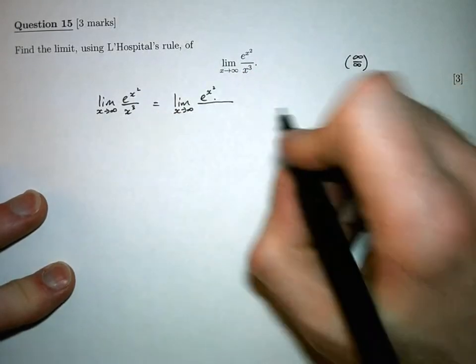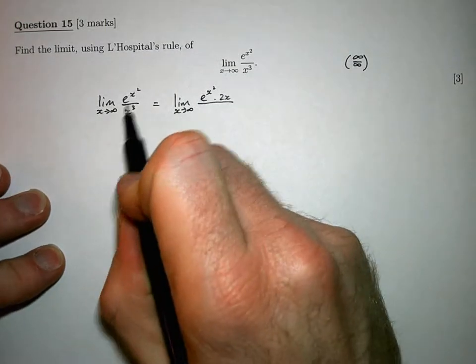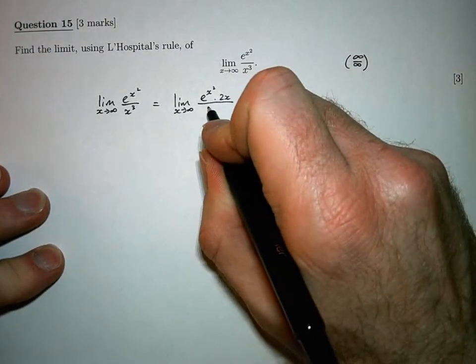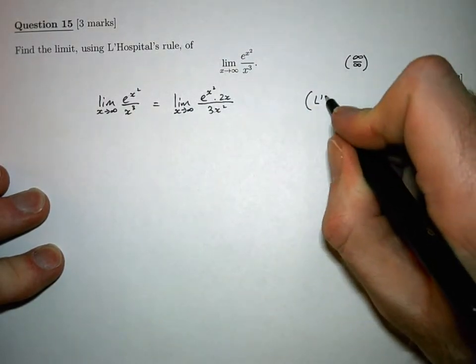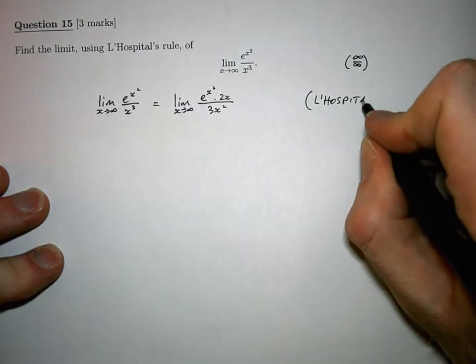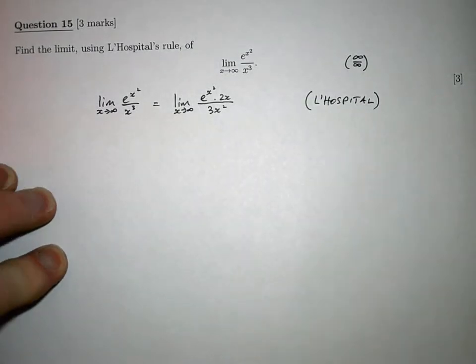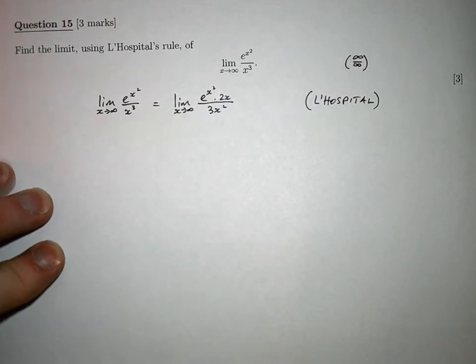Now the inner function is x squared, so we're going to multiply it by 2x, and differentiate the denominator, and we get 3x squared. And here it's quite nice just to write that you're using L'Hopital's rule. Just make a little note in the margin that that's the step that you've used here.